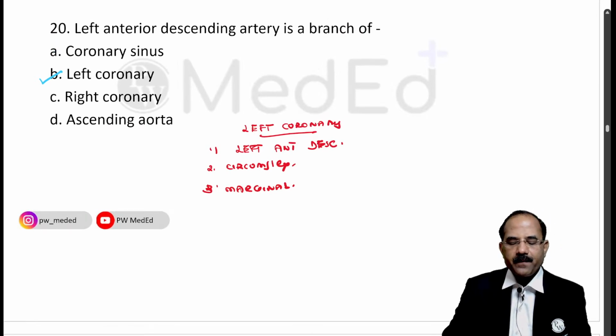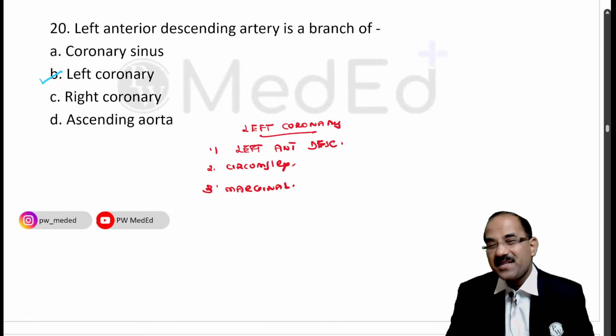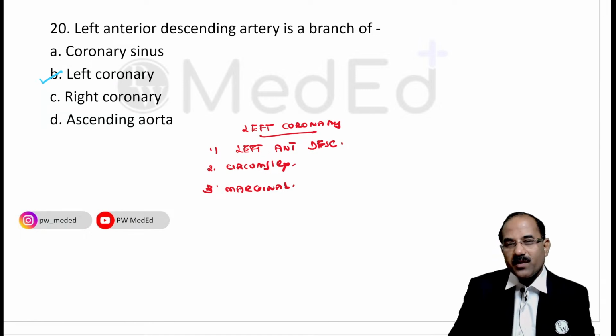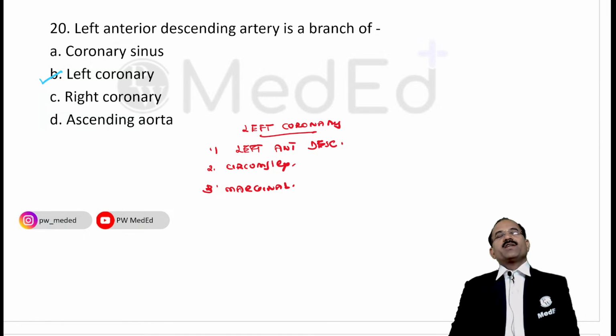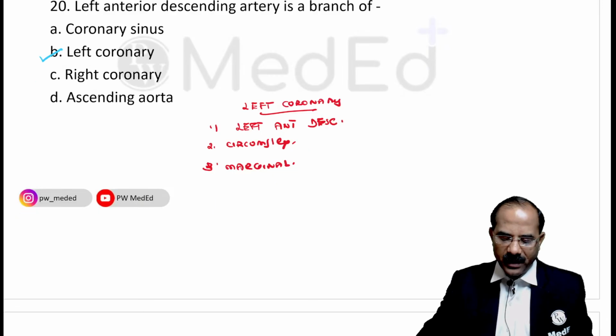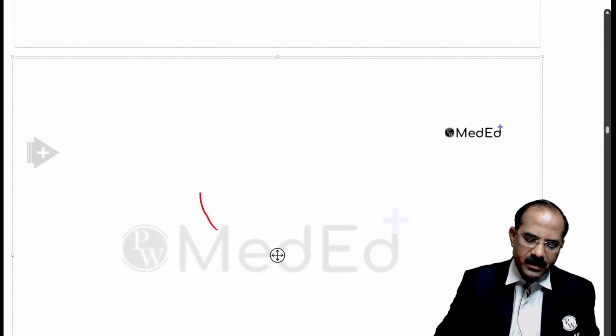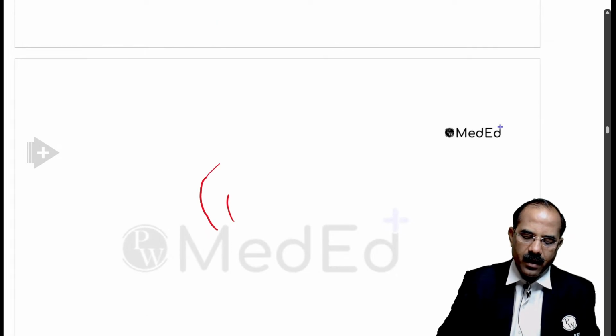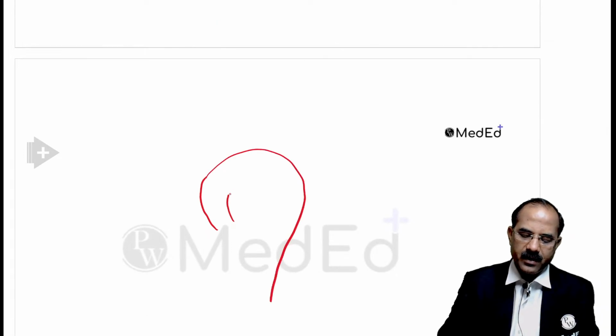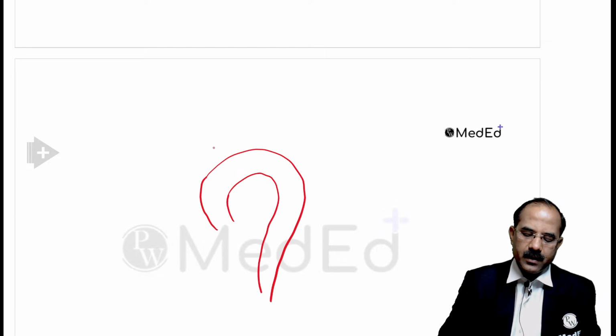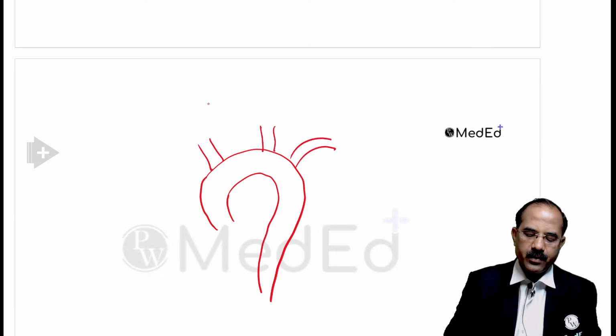Ascending aorta. And the coronary arteries are branches of what, children? I mean, the coronary arteries themselves are branches of what? Can anyone tell me this? Look, this is the ascending aorta. That's the arch and that's the descending aorta. These will be the branches from the arch. What are the branches from the arch of the aorta?